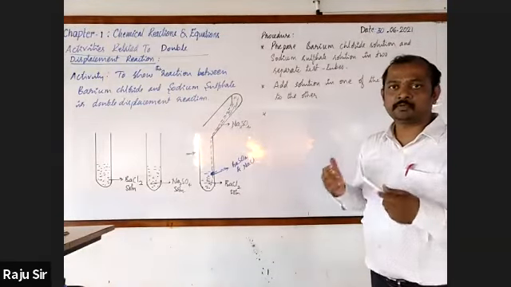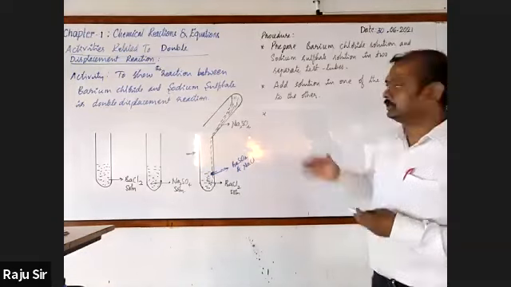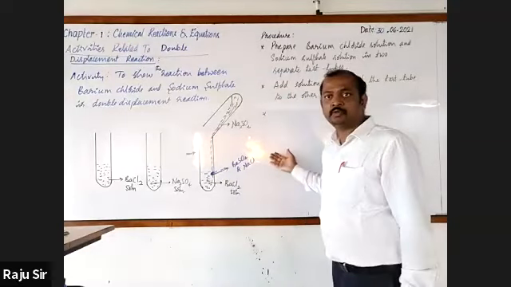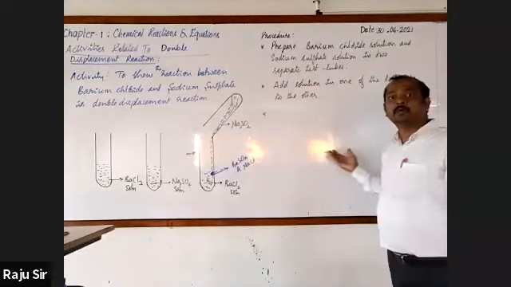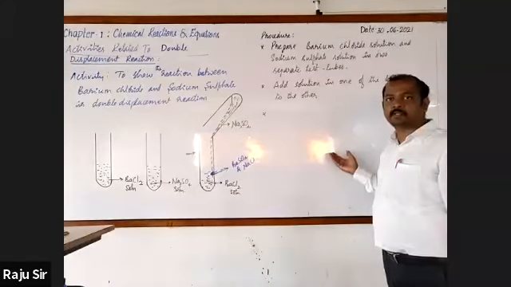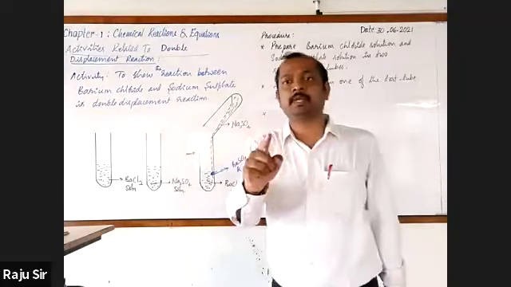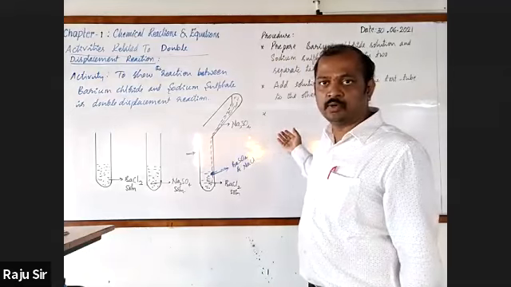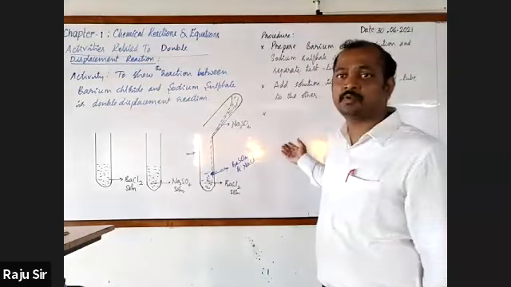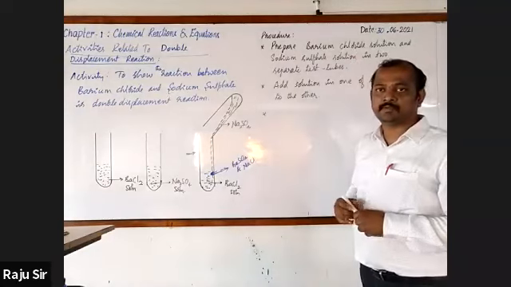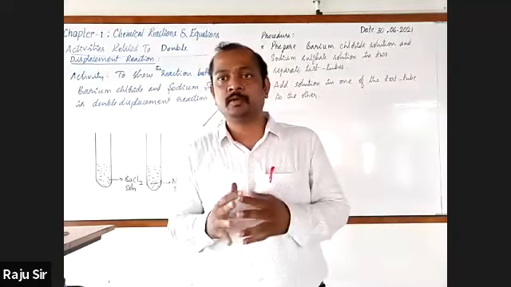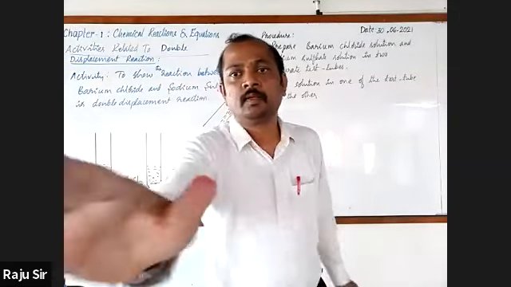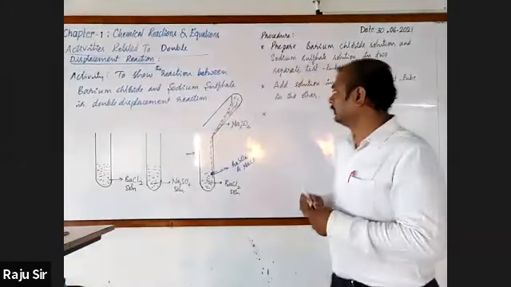Next, observation. What will be our observation? It is observed that two colorless solutions react with each other to form a white color. This white color is formed due to the formation of the precipitate called barium sulfate. So here the color of the solution changes to white due to the formation of the precipitate called barium sulfate. Got it? Pawan Kumar, are you understanding? Okay. Right.